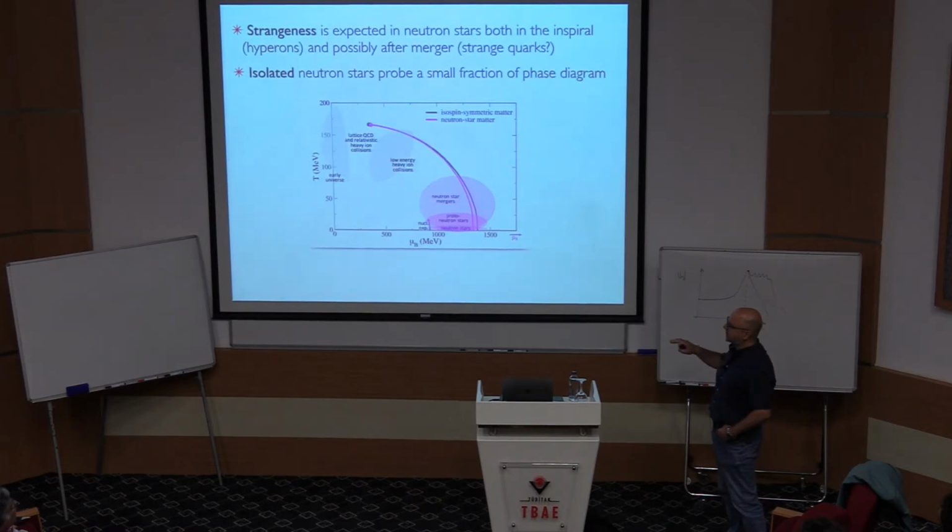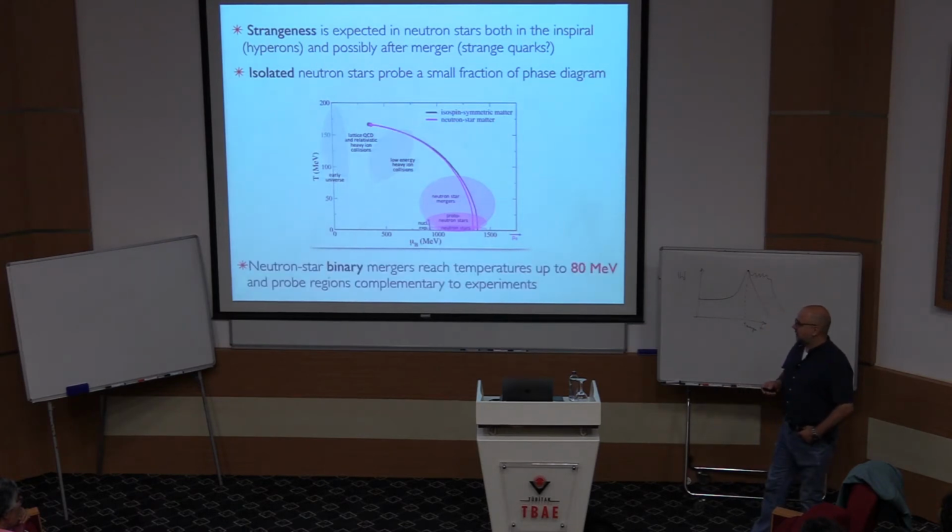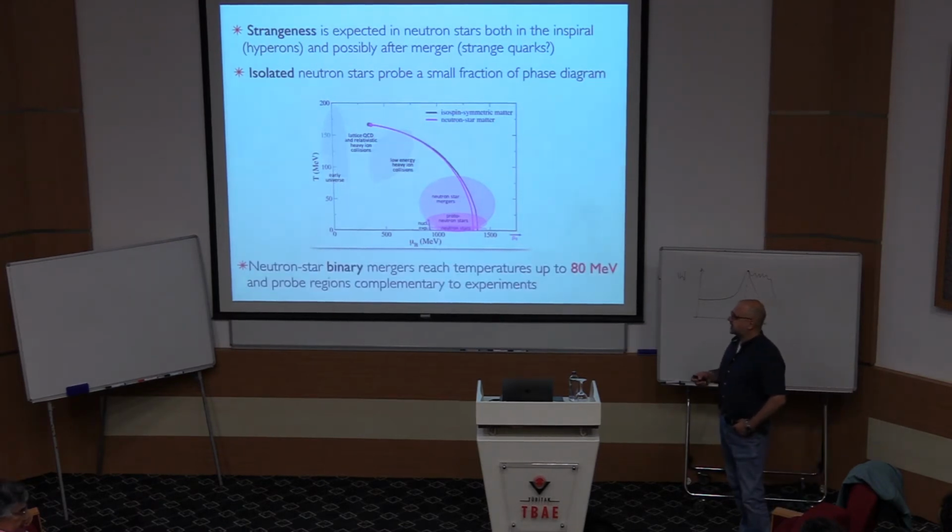So we can probe what happens to matter at temperatures of the order of 50 to 100 MeV and densities over a few thousand MeV. So the idea has been to check whether the collision of two neutron stars can lead to a phase transition and the production of strange quark matter.